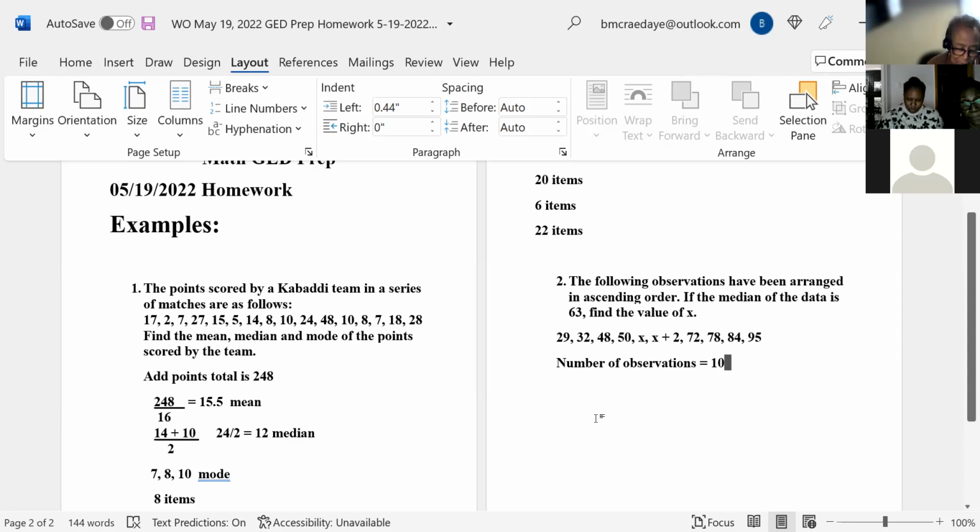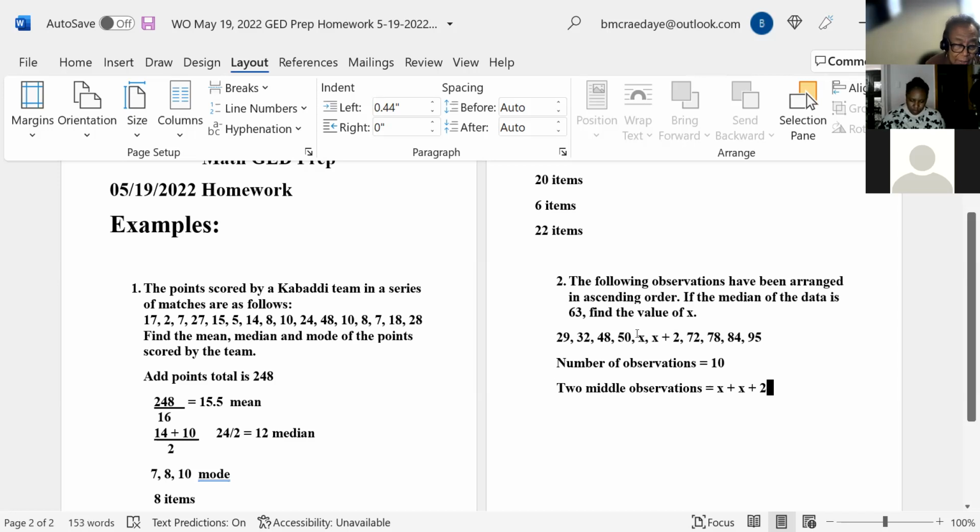Let me just put it here: the 2 middle observations equal X plus X plus 2.